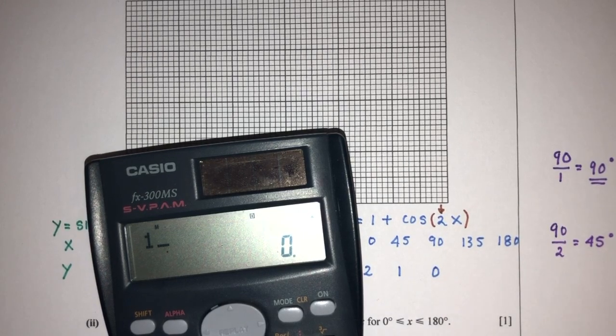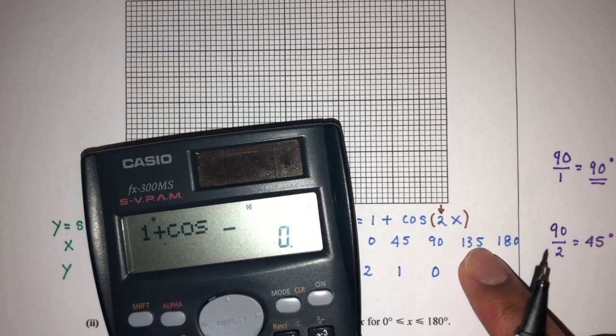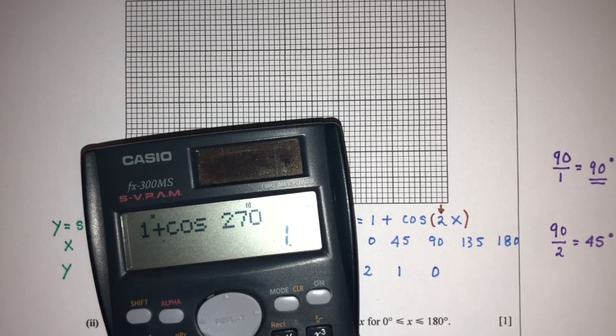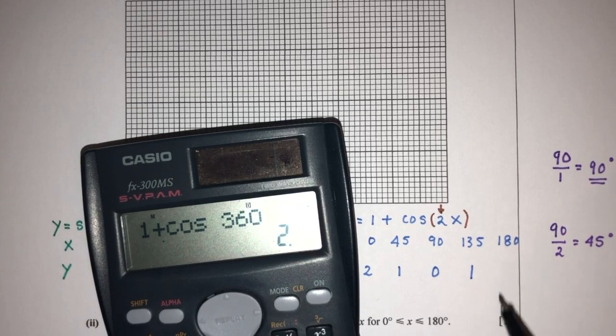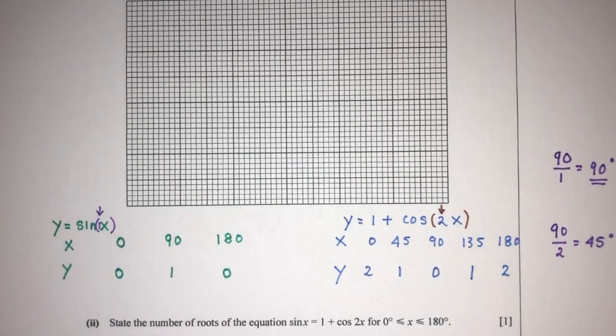Then 1 plus cos of 270, that will be 1. And cos of 360, that will be 2. These are the values that we have to plot on the graph and join them to form our curve.